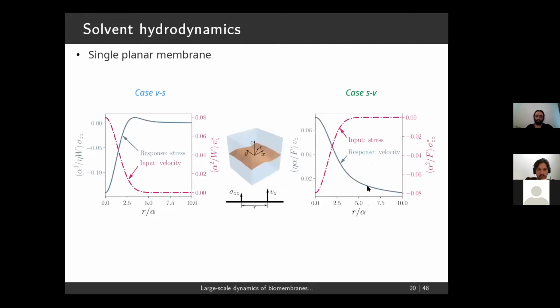I solved the Stokes equations for inertialess hydrodynamics, which is the case at our scales of interest. You see here two plots for the two cases where I prescribe velocity and read the stress, or prescribe the stress and read the velocity. These are different solutions. This is for a single planar membrane.